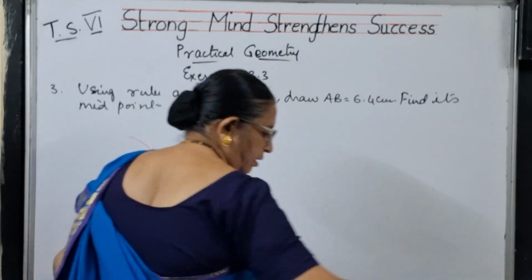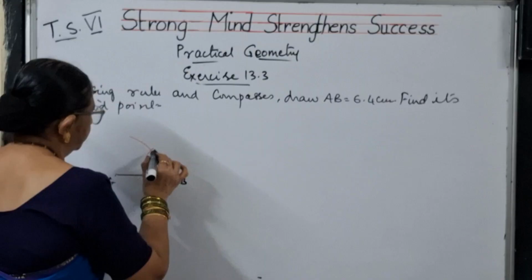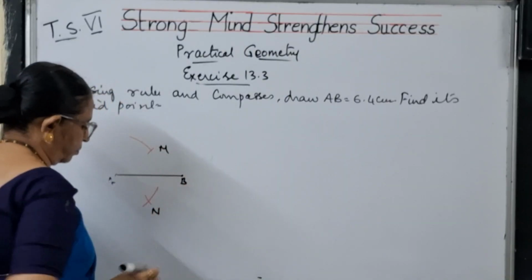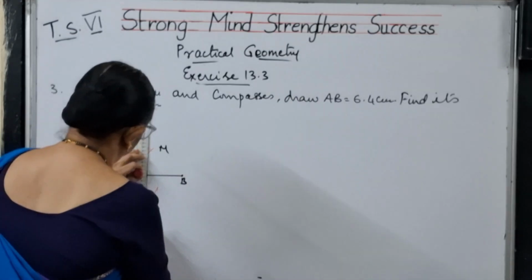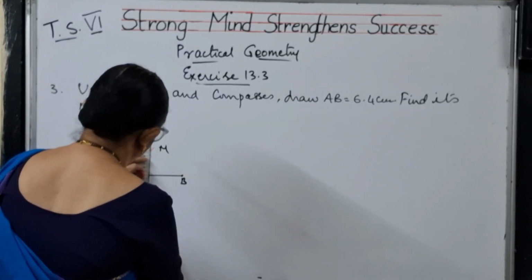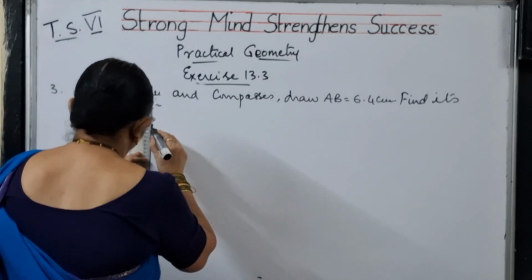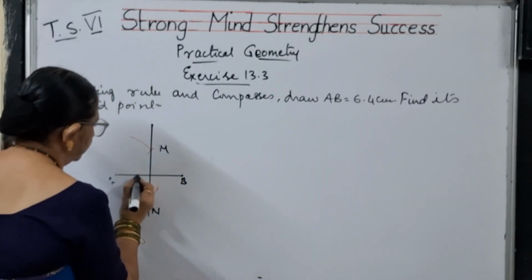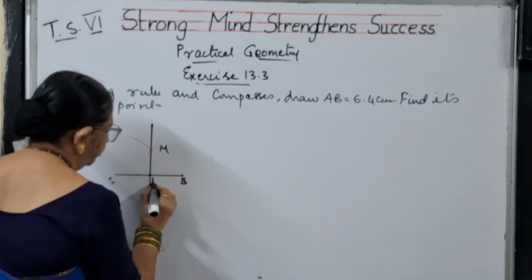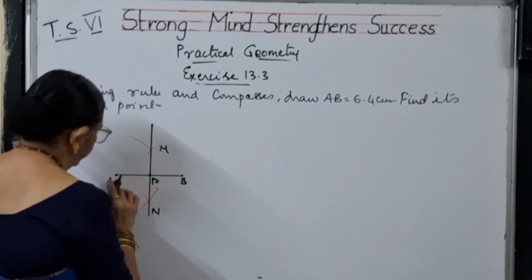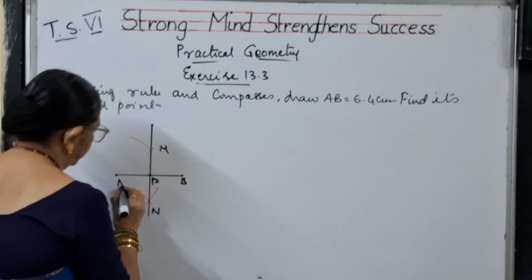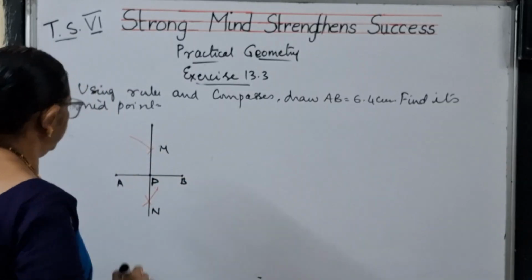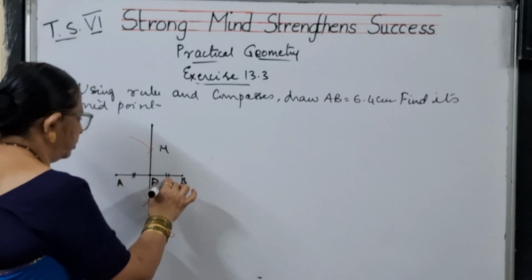So these are the points M and N. This is B. Now I need to join M and N. So this point P is the midpoint of A and B, because you are damn sure about it.